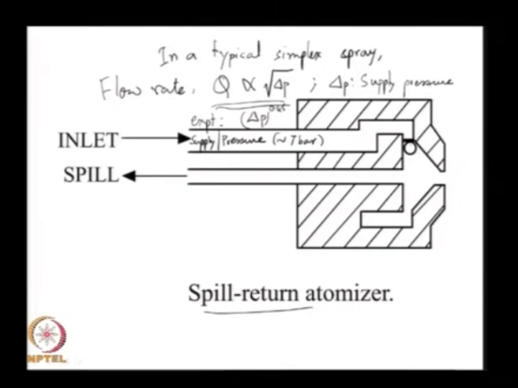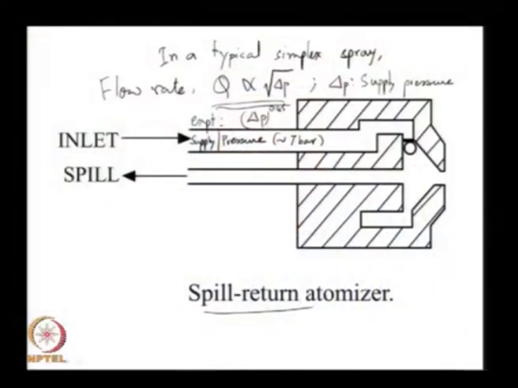These are all units that are used commonly in the spray industry. So, let us just say the supply is at 7 bar, and this is supply going into a conventional simplex nozzle. So, this part here is a regular simplex atomizer.